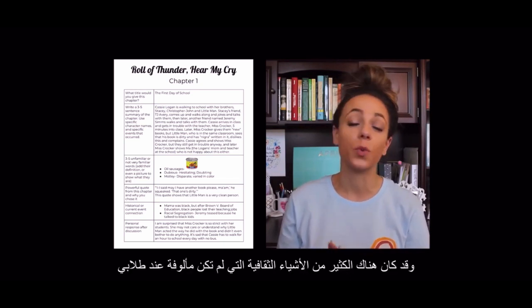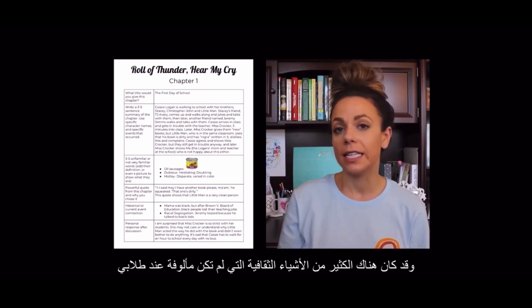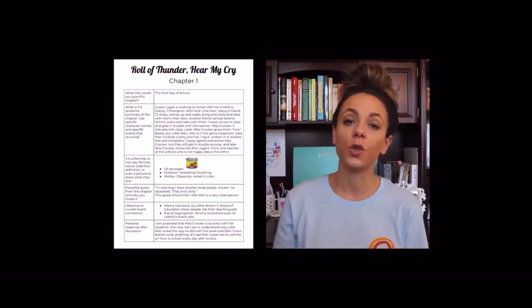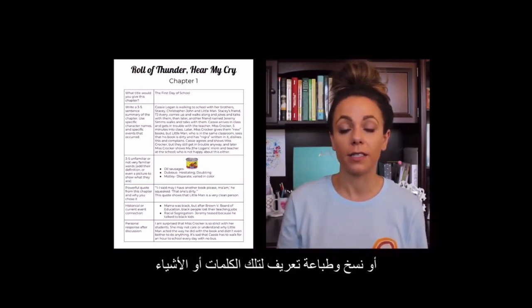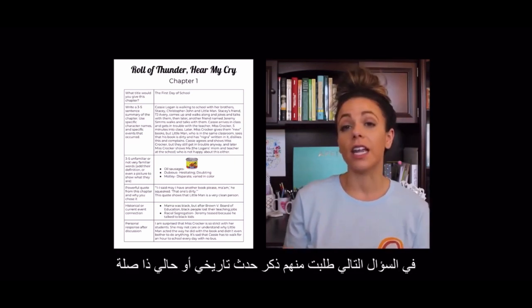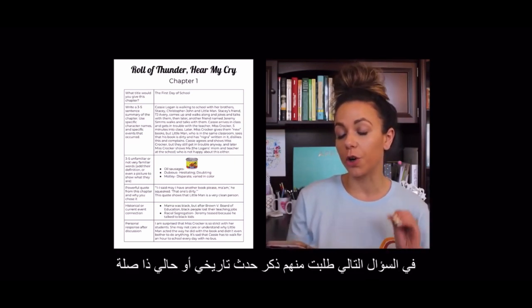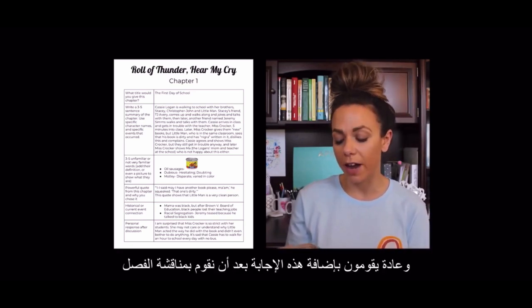For us, since there were a lot of cultural things that my kids didn't know what those things were, they were able to copy and paste an image in, or they could copy and paste a definition. And then I had them put in a powerful quote from this chapter and why they chose it. The next section was a historical or current event connection, and a lot of times they would add this in after we had our discussion.